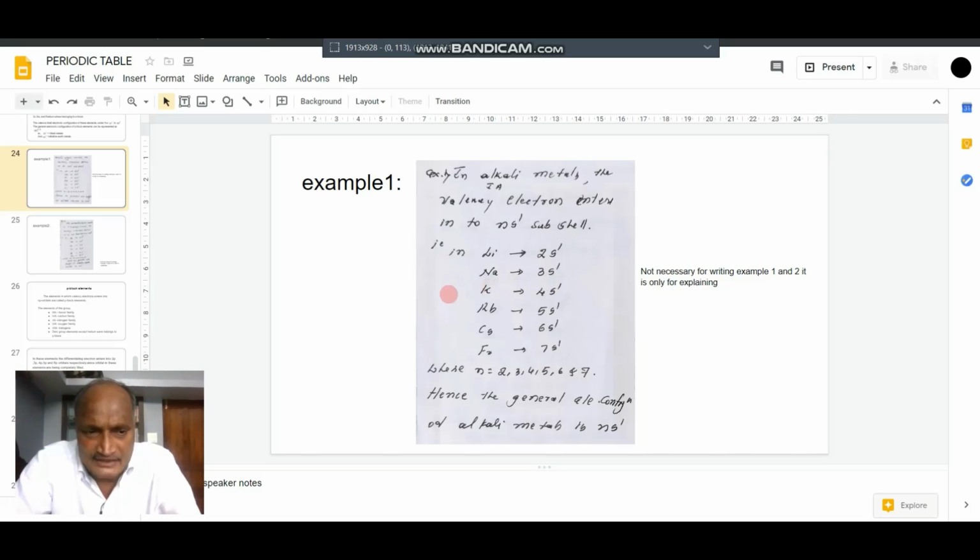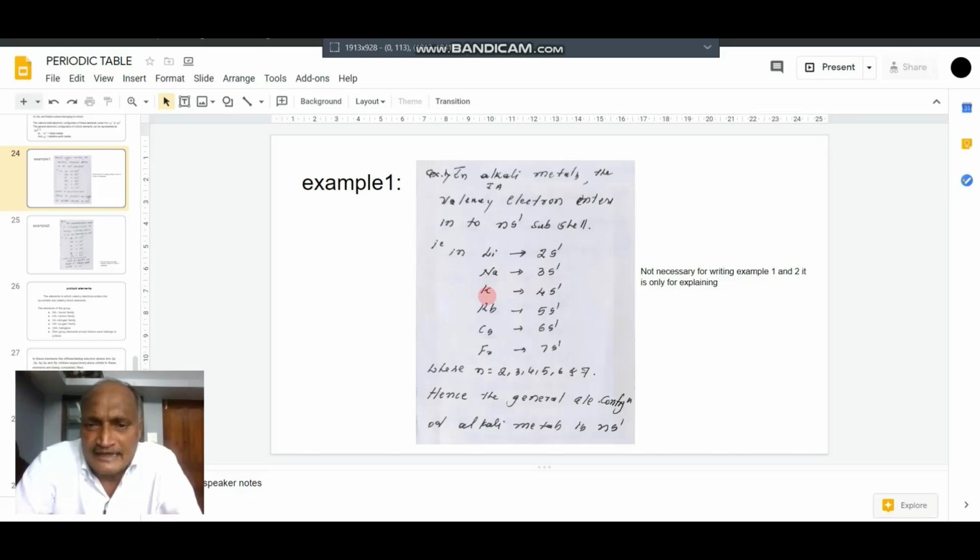The last electron, the 11th electron, which is called a valence electron, is entering into the third shell in the form of 3s as 3s1. Hence, sodium is also an alkali metal.